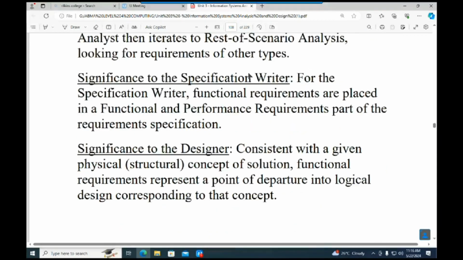Then again, the functional requirements to the writer. What we need to know is that for the writer, we have the functional requirements that are placed in functional and performance requirements as part of the requirements specification. So he needs to know these are functional, or maybe these are performance requirements. He needs to specify them in that requirement specification document.